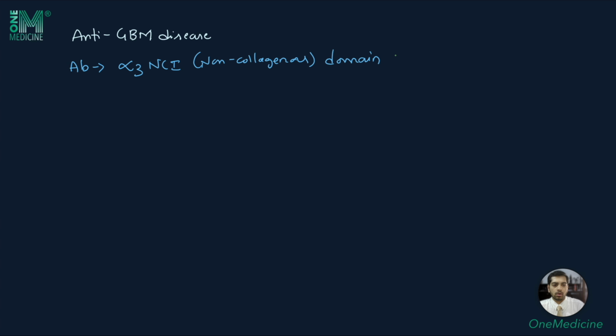Next, let's look at anti-glomerular basement membrane disease or anti-GBM disease. It is caused by antibodies against alpha-3 NC1, that is the non-collagenous domain of type 4 collagen.